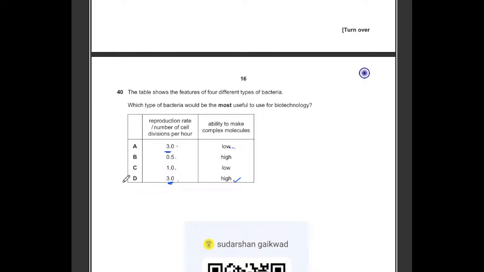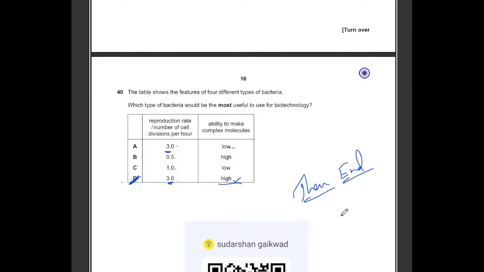So ability to make the complex molecule is high means we can take this one, like how we use microbes for production of bioinsulin, right? A complex material. And that's the end of the paper.